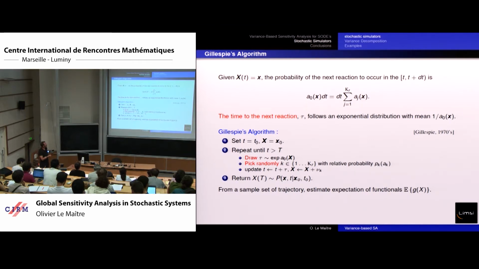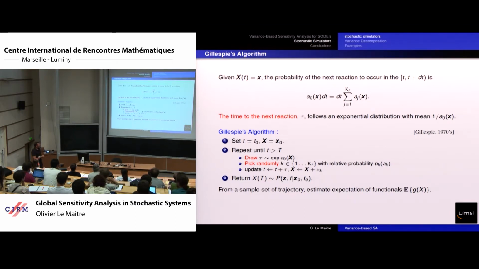If you have k reactions with current propensity functions aj, in the next time interval t plus dt, this is the probability of the next reaction occurring, and it's exponentially distributed. So the more reactions you have, the more likely it is that one occurs in a small period of time.